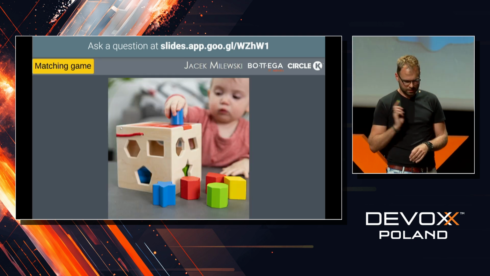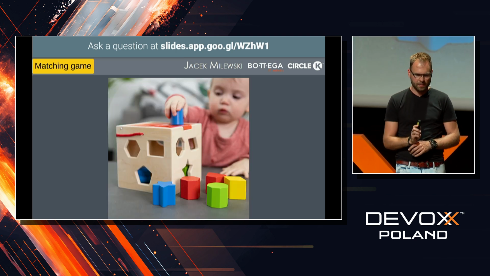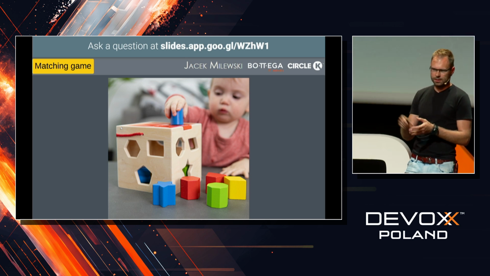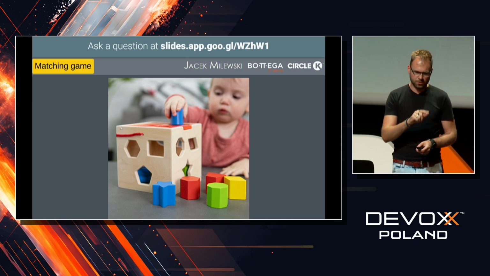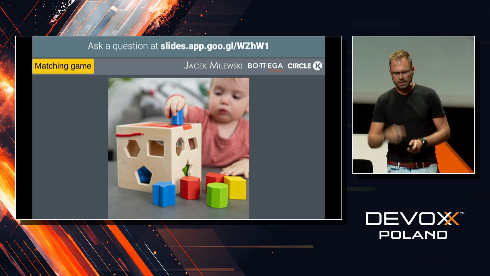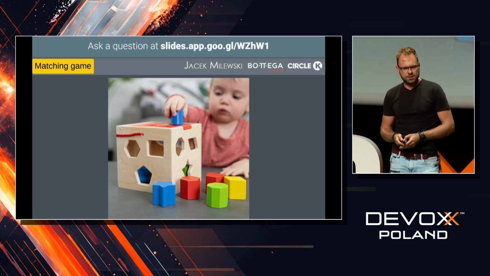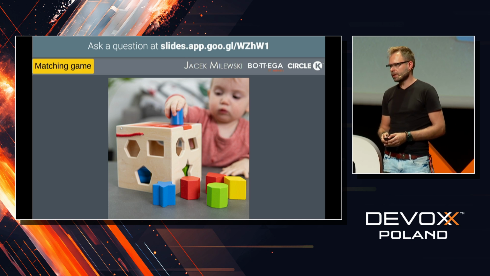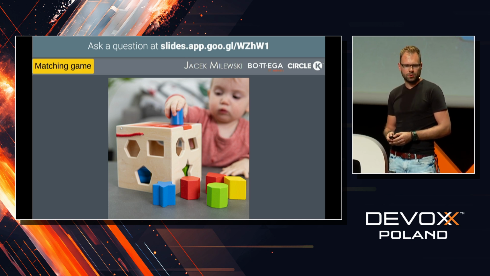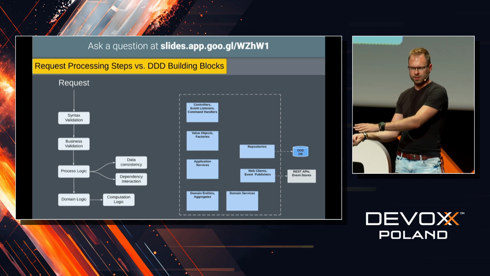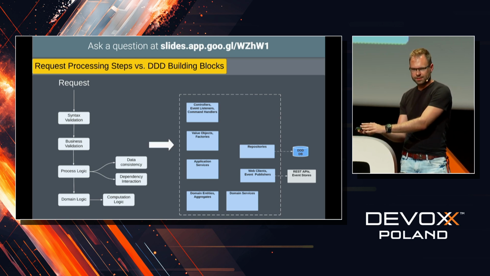Yeah, and now we're gonna play a matching game. The requirement is that we have to be at least 1 year old, and the challenge is to fit those small blocks into the holes with the corresponding shape. So we're gonna be matching something to something, and if I would throw those two things on one slide, one next to each other, when we are processing request and we have tactical DDD building blocks, can we match it?